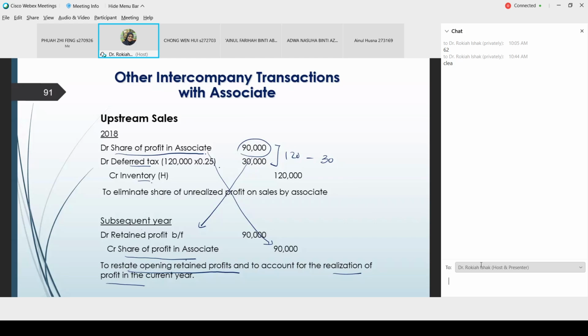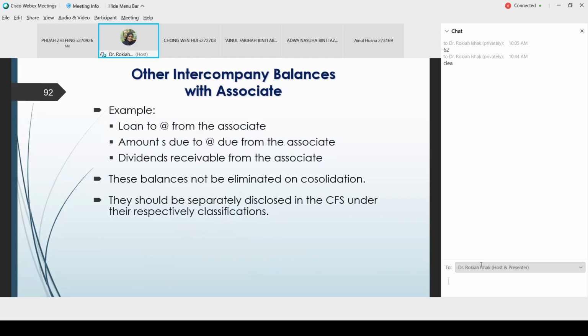Okay, other examples of intercompany transactions with an associate: you have loan to or loan from, amount due from, dividend receivable from the associate. These balances are not going to be eliminated on consolidation.